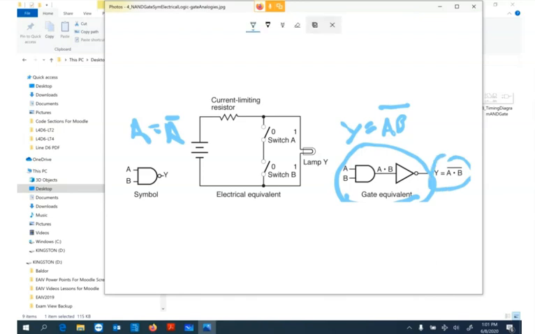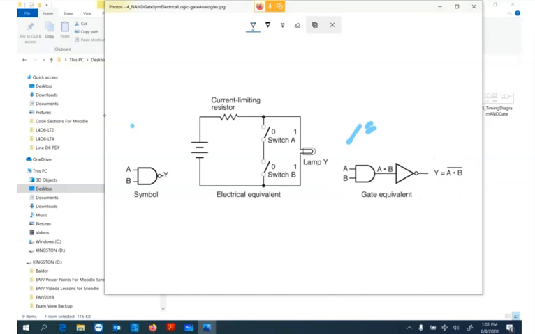So that's the equation for the NAND, the Boolean expression, I should say. It looks like an equation. And it's like having the inverter gate on the output of a regular AND. But when we draw the symbol like this, that little circle indicates we have an inverter gate.